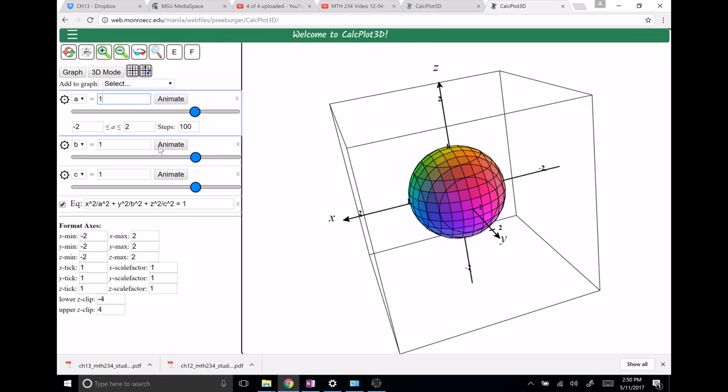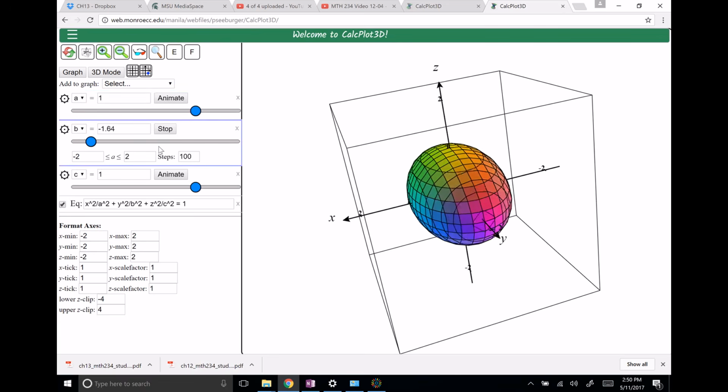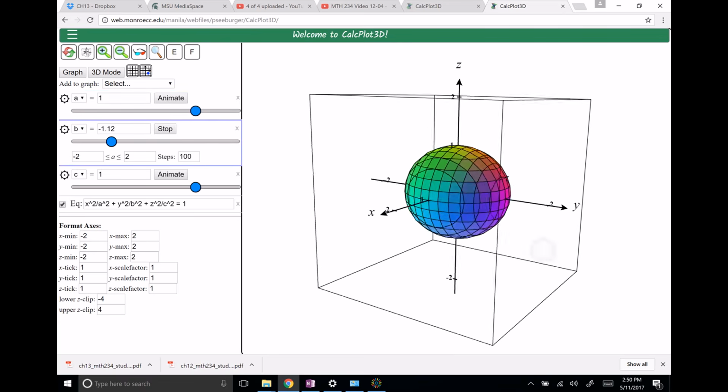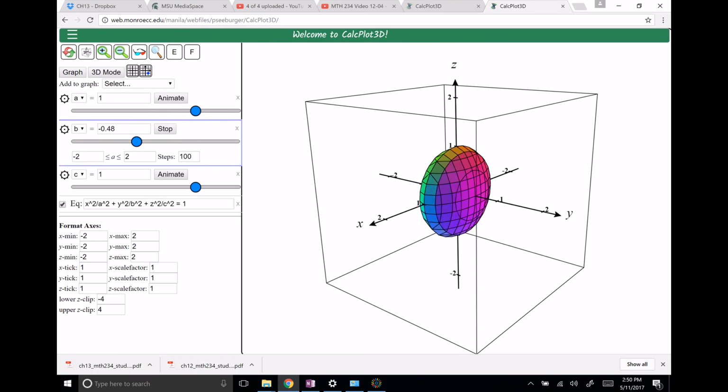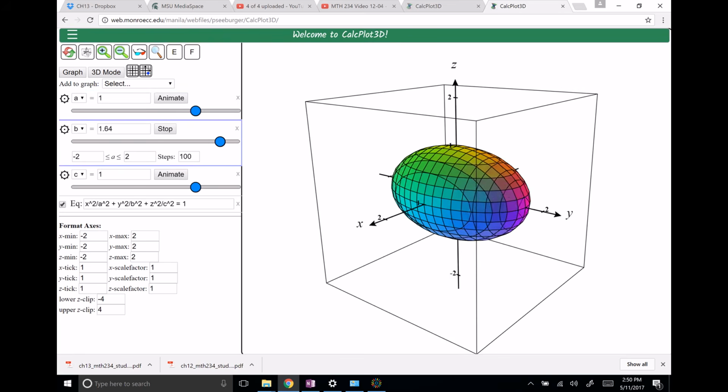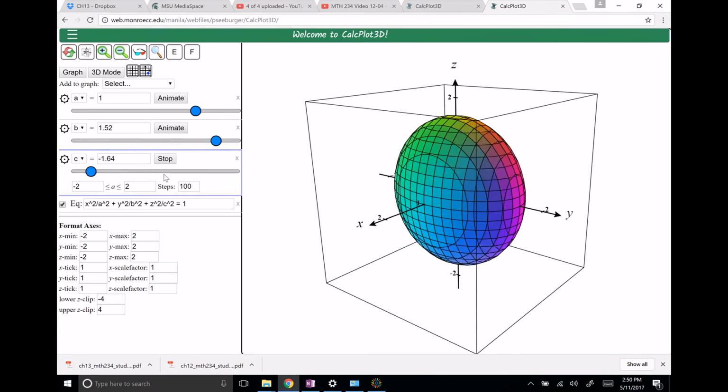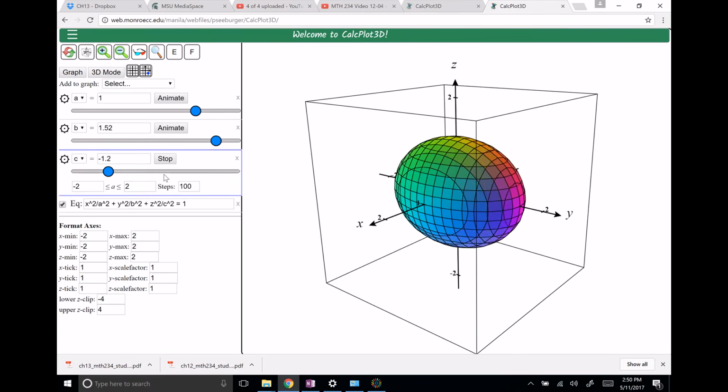Likewise, in the b direction, if I hit animate, you can see that now in the y, because it's y squared divided by b squared, as that changes, it stretches in the y direction. Think about a circle being stretched out in the y direction. Let me stop this. And you can imagine the c one is going to stretch in the z direction, how much up and down the circle is being stretched.